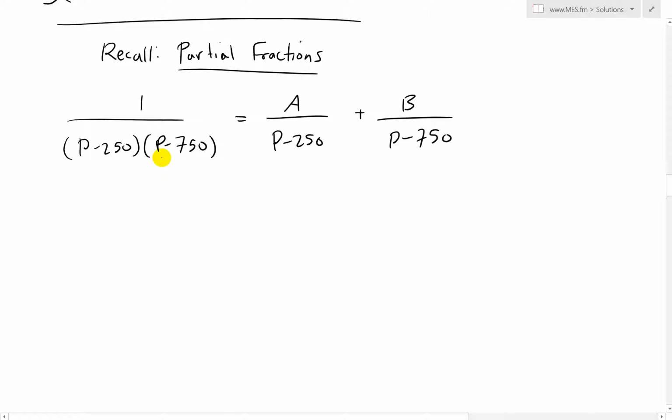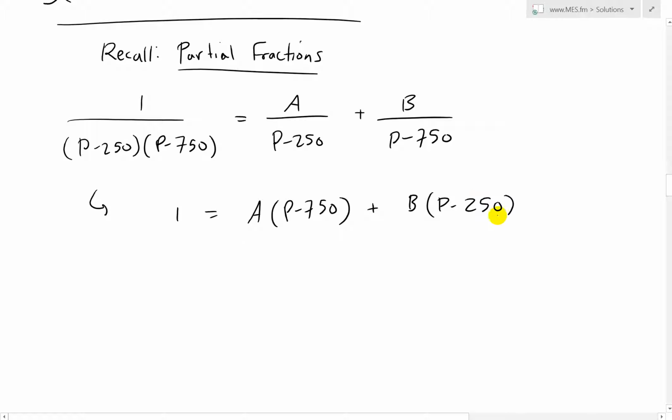Now we multiply both sides by p minus 250 times p minus 750. So then this cancels, we're left with 1, and this part cancels, we're left with p minus 750. This one cancels, we're left with p minus 250. So what we get is 1 equals a times p minus 750 plus b times p minus 250.